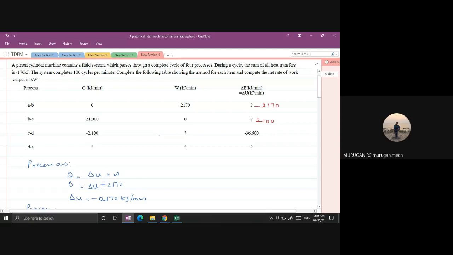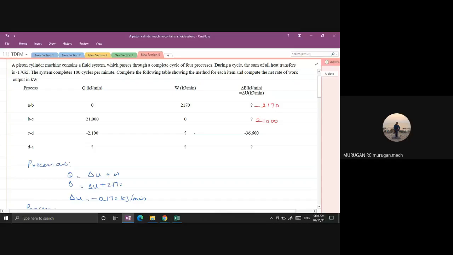Okay, 21,000. For process C to D, W is plus 34,500.